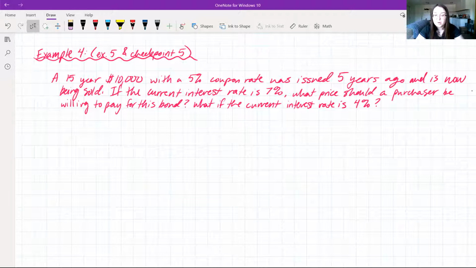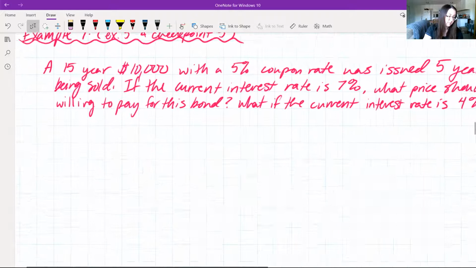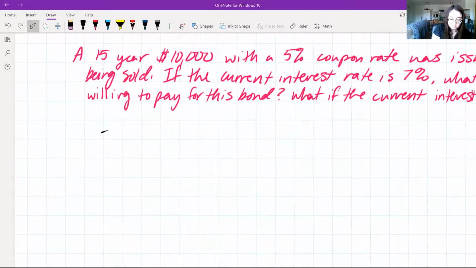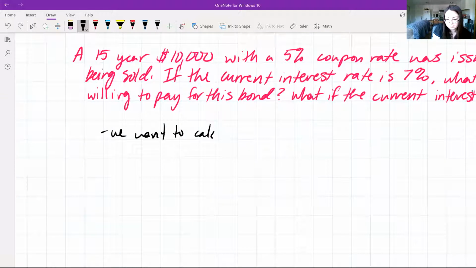And then also, what if the current interest rate is 4%? So we're going to be doing this twice with 2 different interest rates. So, first things first, we want to calculate the simple interest rate.